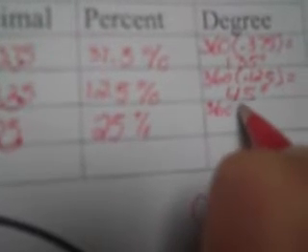The bus, she spends $10 out of $40. As a decimal, this is 0.25. Moving the decimal 2 places to the right, we see that's 25%, which is a quarter of the circle. So we should anticipate a 90-degree angle when we multiply this out. And we do get 90 degrees.